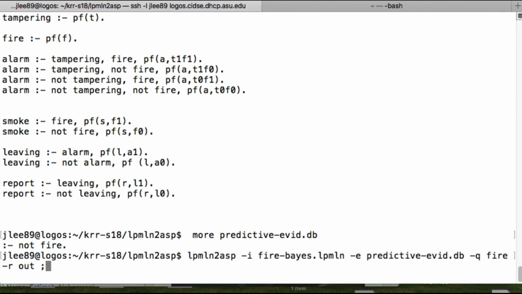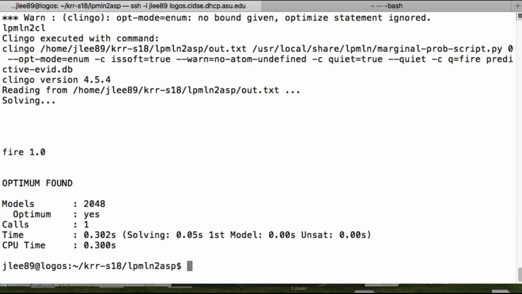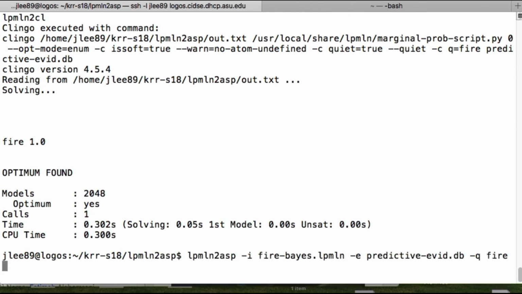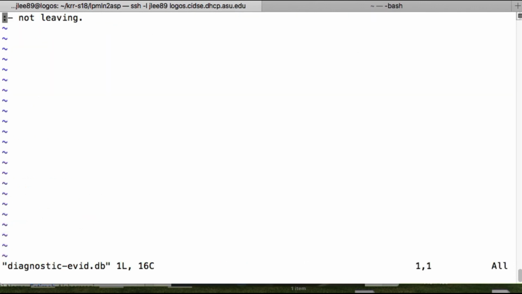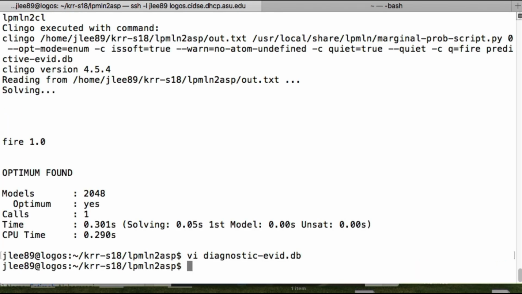You can also specify this. I think we can skip the output file in LPMLN to ASP. Okay, something is wrong. Maybe my evidence file is wrong. Sorry, this should be a diagnostic query, so it should be leaving, not the fire.